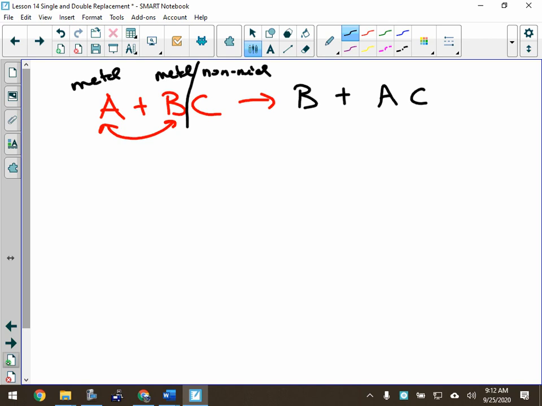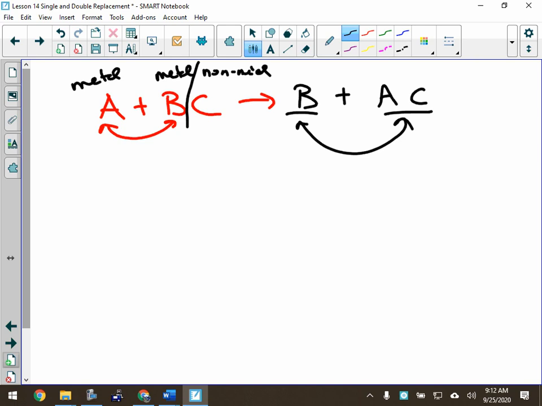And it doesn't matter which one you write first on the product side or the reactant side for that matter. Usually we see this: the element plus the compound gives me element plus compound. But again, if you wanted to write this first and then this there, that's okay. Doesn't matter. But you're still going to switch them. If you want to write AC plus B, that's fine. I don't care.